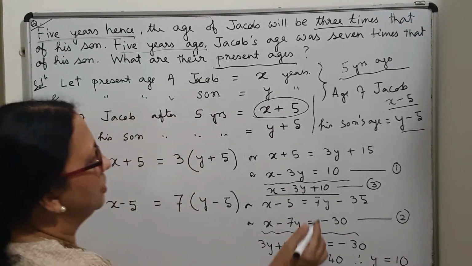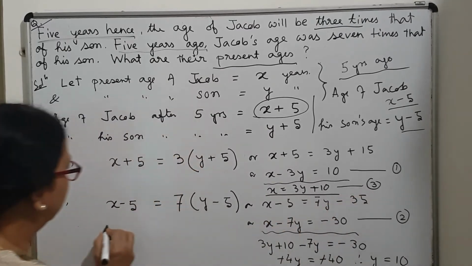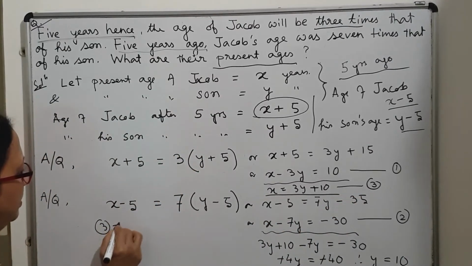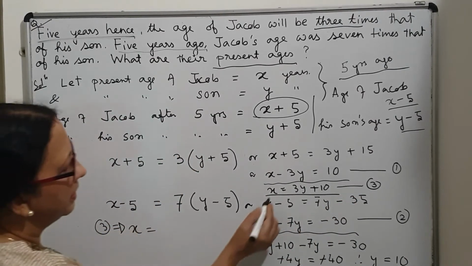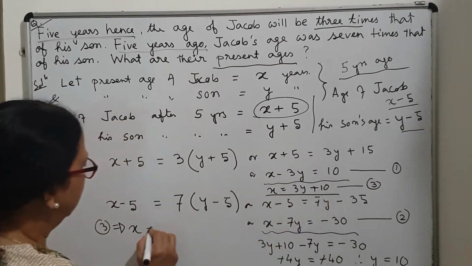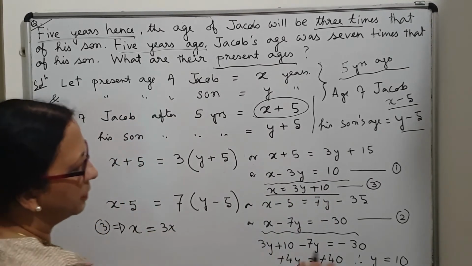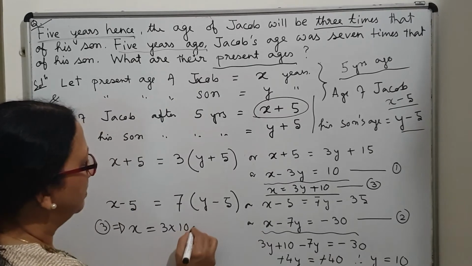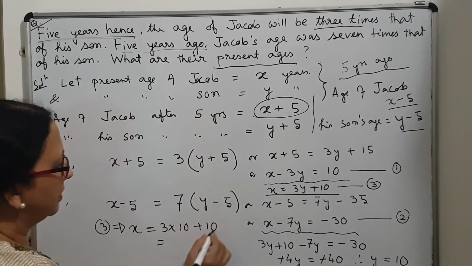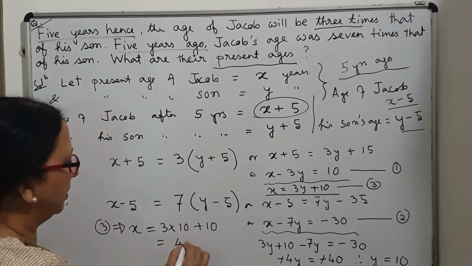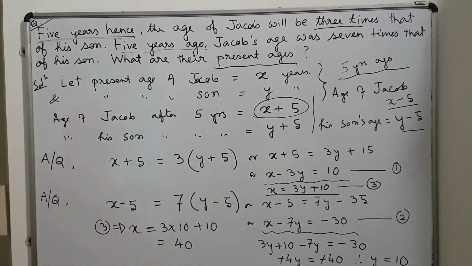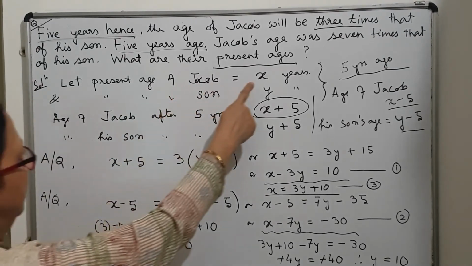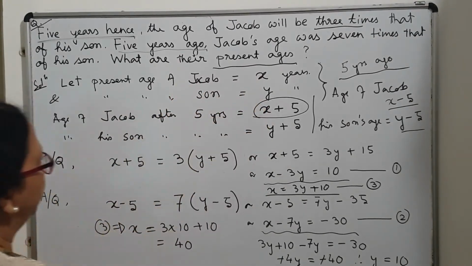So from equation 3 I can get the value of x. So equation 3, what is x? x is equal to 3y plus 10. 3y, the value of y I have got is 10, so it is 30 plus 10, which is 40. So the answer: present age of Jacob is x years, that means 40 years.